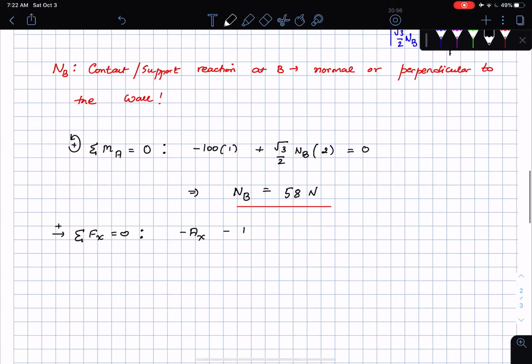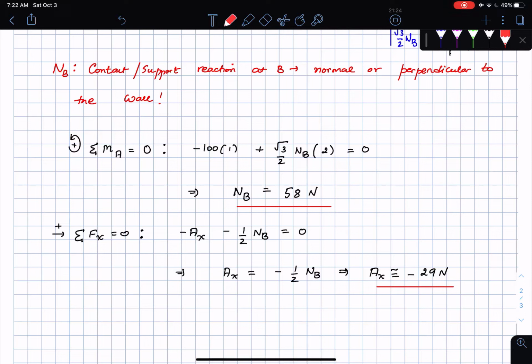Minus half NB, all of this put together is going to be equal to 0. I already have a value for NB, so this means that AX is equal to minus half NB, or AX is approximately equal to negative 29 newtons. The negative sign indicates that the direction we chose for AX was not correct, which is okay. There is nothing wrong with that.